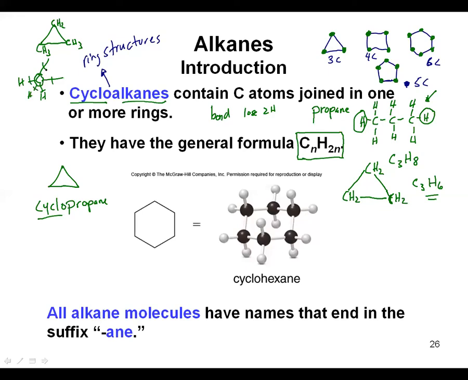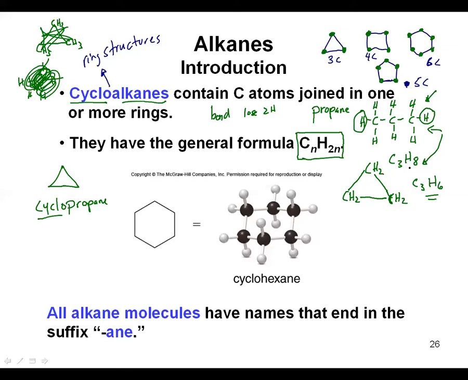So as the chain goes from the straight chain to this closed ring structure, in order to maintain the correct number of bonds, you always lose 2 hydrogens. It also happens when you put on a double bond or a triple bond, you lose some hydrogens along the way.